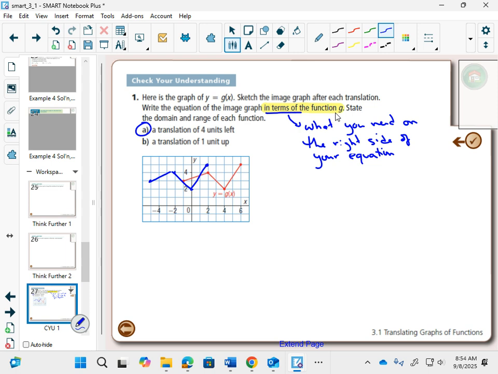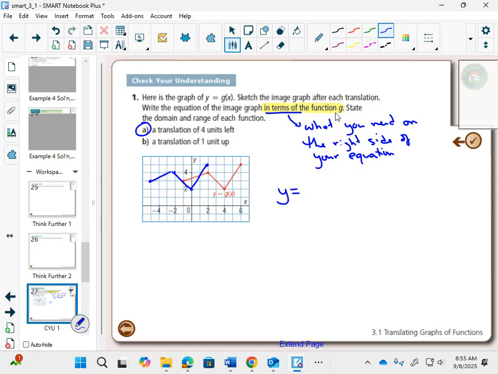In this one, it says in terms of the function g. So I'm going to write an equation. On the left side, I'm going to have y equals, because that's a graph equation that often has y equals. And on the right side, I need the equation g.